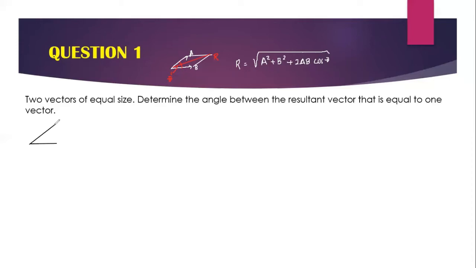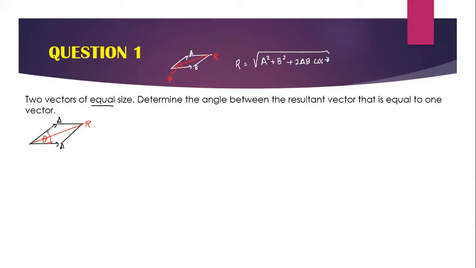This one is A, so automatically this one is also A because they are equal in size, right? Now, by using the parallelogram method, the resultant is like this. Clear, everyone? This one is R, the resultant, and this one is theta.